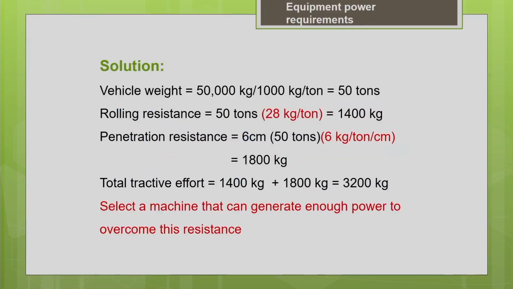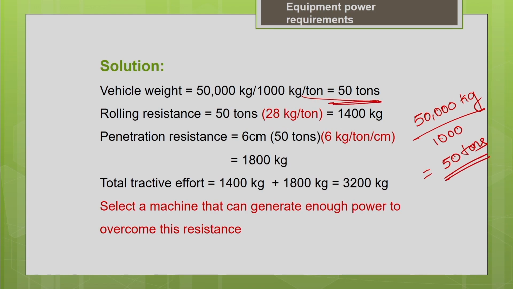So, let us convert the vehicle weight into tons, because your rolling resistance is commonly expressed as kg per ton. You know that the gross weight of the machine is given as 50,000 kg. So, 1000 kg equal to 1 ton. So, dividing, you will get the gross weight of the machine as 50 tons. Now, the rolling resistance you need to calculate for this particular haul route.